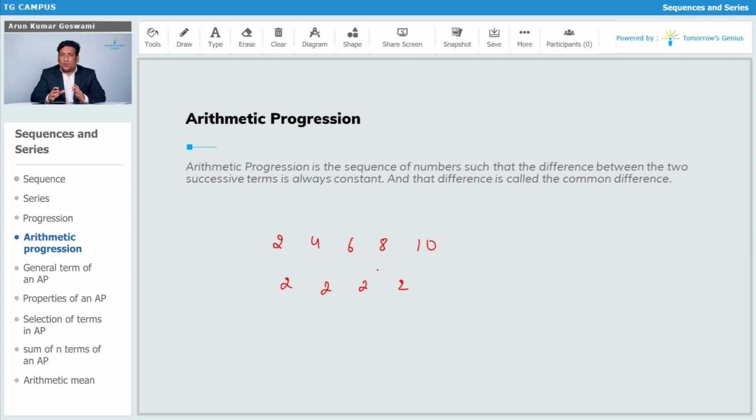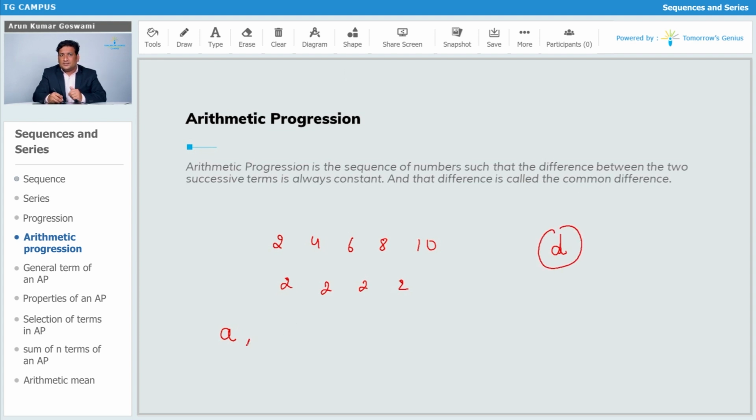Now the difference which we used here has a name: we call it the common difference, represented by D. Next, how will the AP look? Suppose I take A as the first term of my series, and D is the common difference.